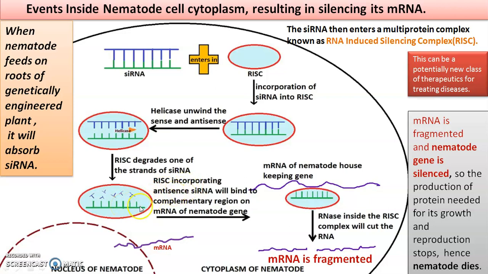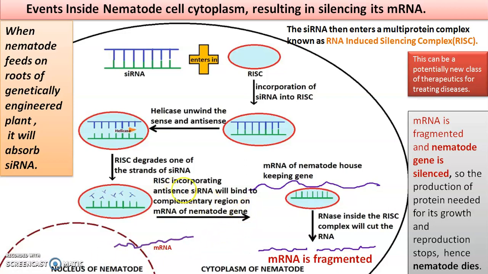So RISC along with antisense RNA will bind to the mRNA of the nematode. From where has this mRNA come? It has come from the nucleus of the nematode. It is the mRNA coding for the protein required for the nematode's growth in the plant cell and also its reproduction.